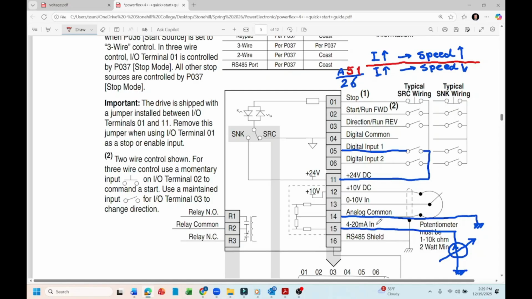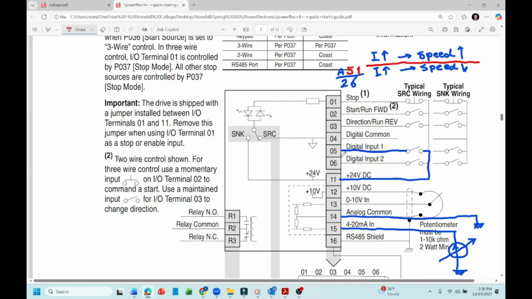We are also learning about one parameter that lets you reverse that. So instead of increasing the frequency when you move from 4 to 20, you could reverse it and get the minimum frequency at 20 and the maximum at 4.